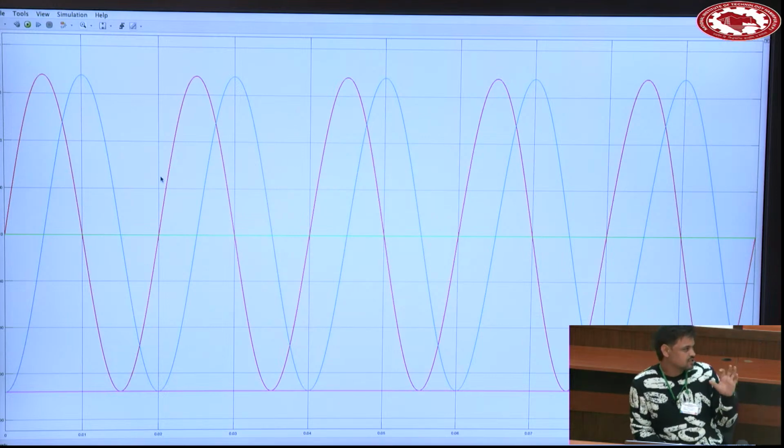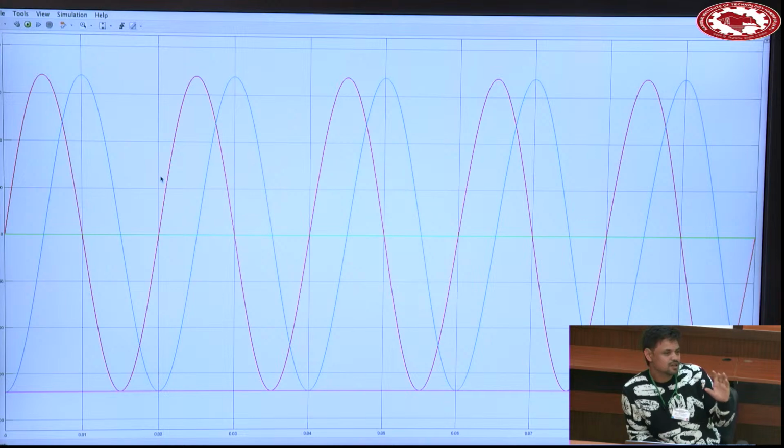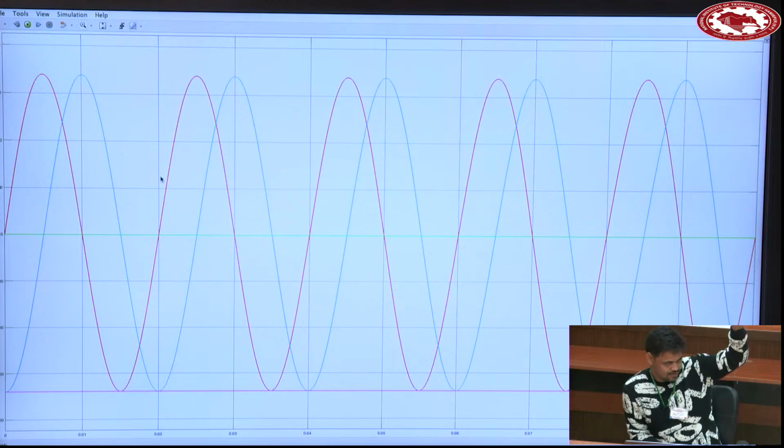Please remember the concept. The position of the reference frame is that D is aligned with A and Q is perpendicular to that, and the initial position of the rotating vector is going to be 90 degrees behind phase A. What do you think?